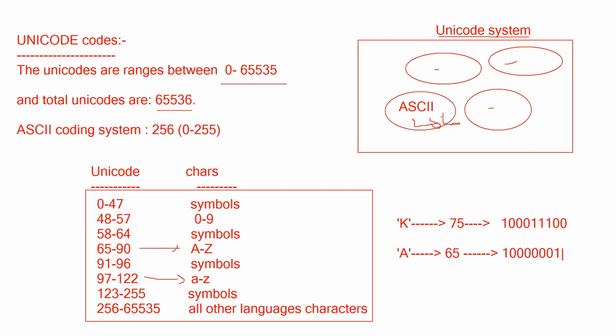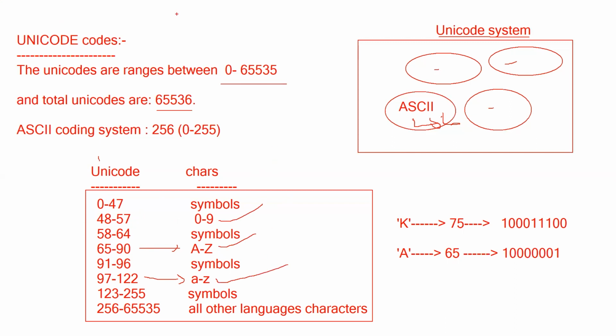So this 65 is converted into binary form, and that represents character A. Like this, Unicodes will be helpful for storing any world language character or letter in binary form. And these codes you have to remember, at least for the English language: 0 to 9, capital A to Z, and small a to z.